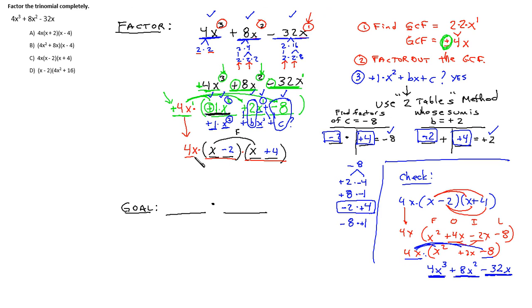And what I see here is, first of all, a 4x. Which answers have a 4x as a GCF? Answer A is a possibility, and answer C. B and D are not possibilities because they're only showing two factors. I eliminate those as possible answer choices for the correct answer. Then, do we have an x minus 2 factor? We do.